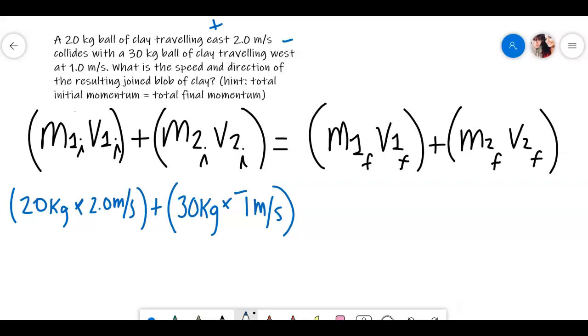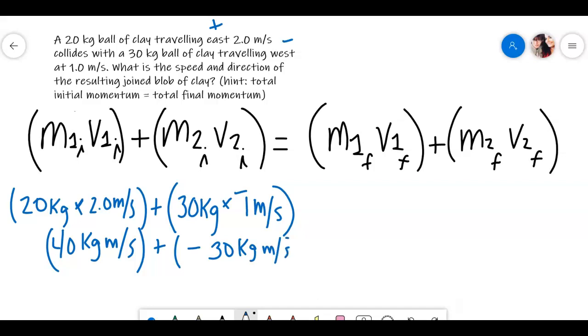So let's do just the left side right now. We'll simplify the left side. Okay, so 20 times 2 would be 40 kilogram meters per second, right? Plus 30 times negative 1, so negative 30 kilogram meters per second.